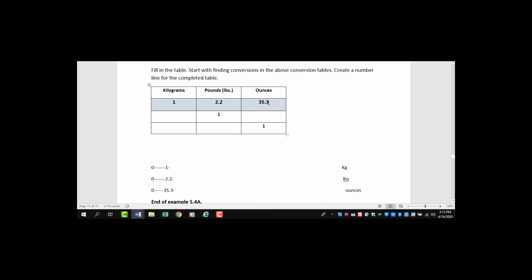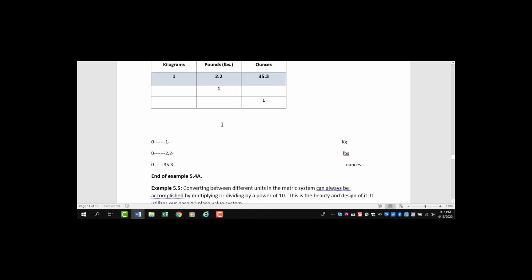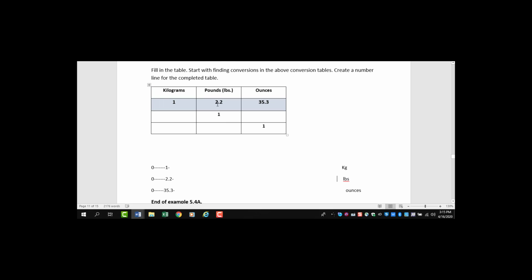These are equivalencies across. Now we're going to go 1 pound, and let's see what we'll do first. I'll do it the same way. Actually, if you go from here to here, you can go from 2.2 to 1 by dividing by 2.2.